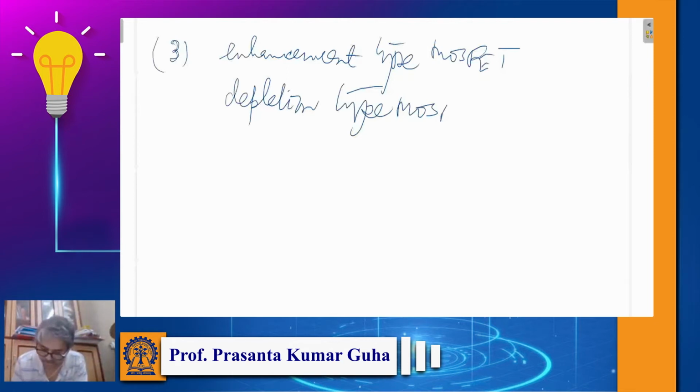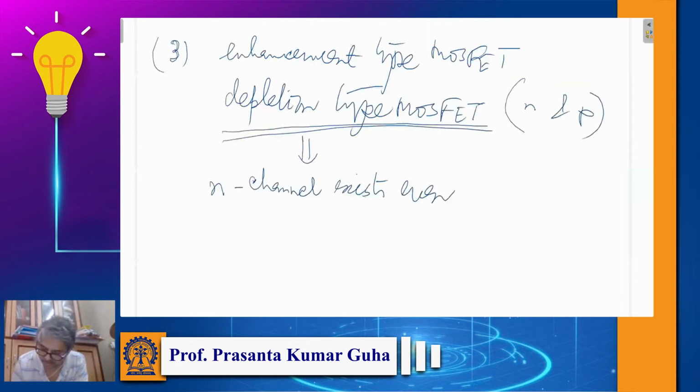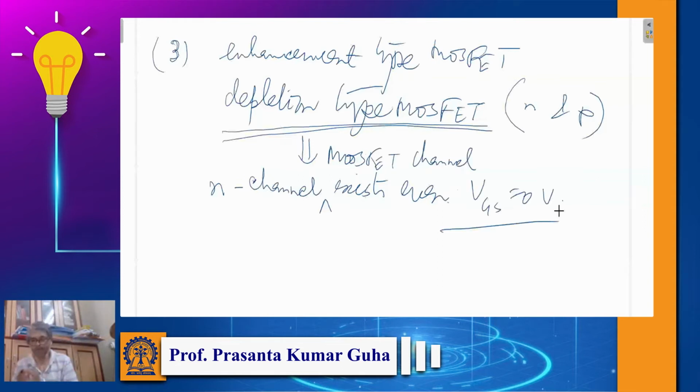So say I'm talking about N channel depletion type MOSFET, the channel exists even, what I mean is, purposefully we dope the channel region.